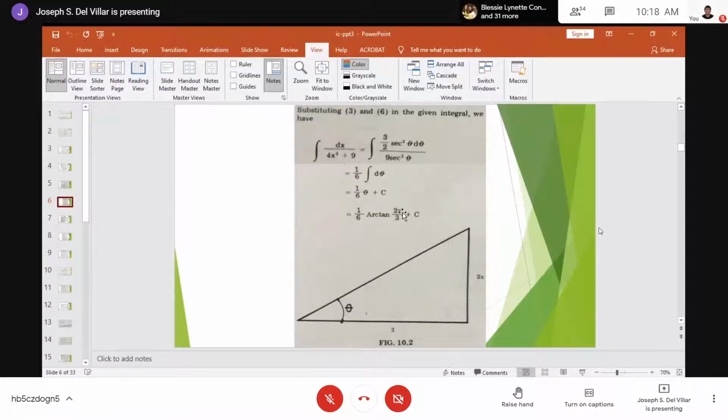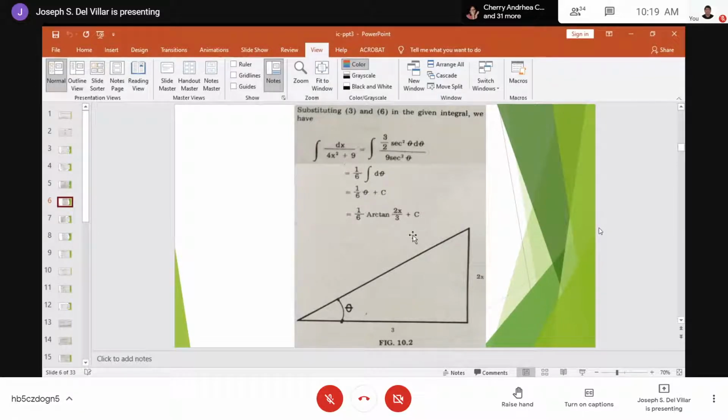Okay? So, or if you want, you can put a parenthesis here. Dito sa arctangent, then enclose that in a parenthesis, yung 2x over 3 or 2/3 x. So you can place a parenthesis here para hindi malito yung magbabasa nito.